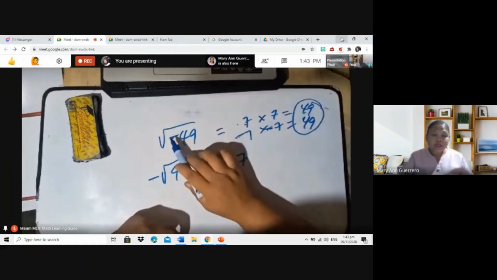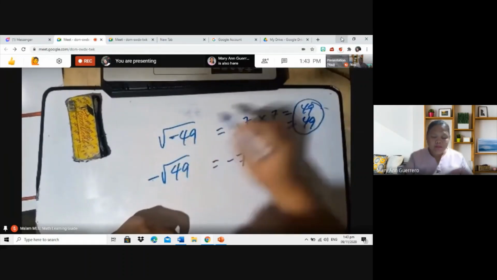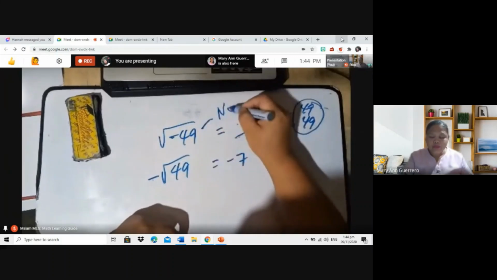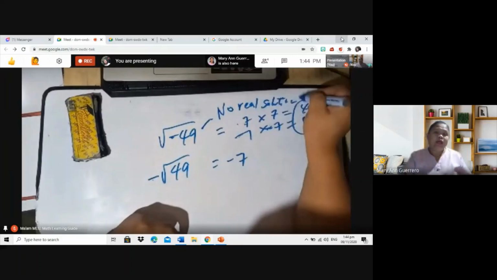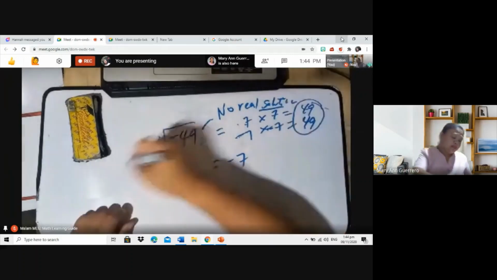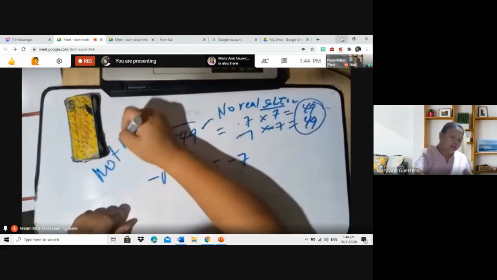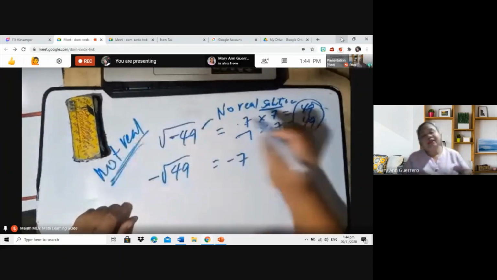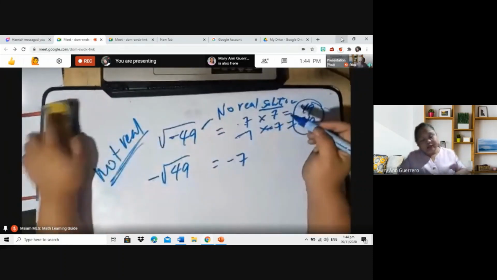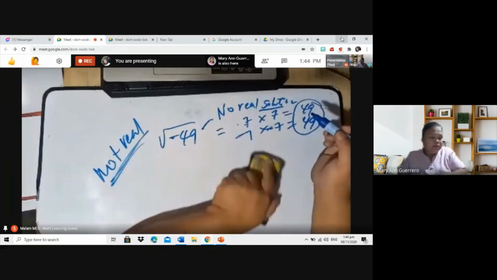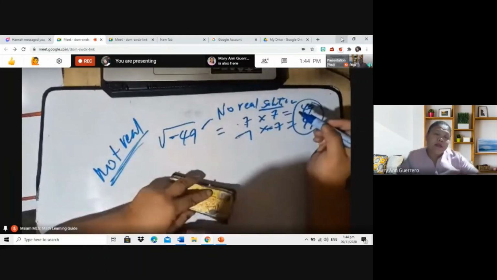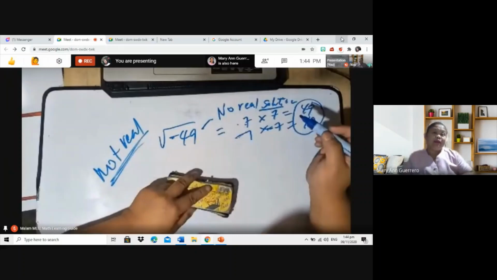Kaya ito ay, there is no real solution for this. No real solution. Kasi, ang solution nito ay not real. Pag sinabi natin not real numbers, imaginary numbers. Ngayon, pag sinabi natin imaginary numbers, yun yung mga numbers na hindi nyo pa kilala.